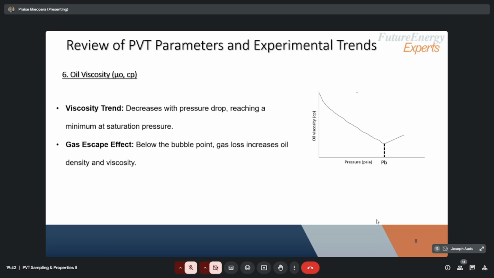A dead oil is an oil that doesn't have gas dissolved in it, which some people will argue about, but that's just a theoretical case for the example I'm giving. So this is how oil viscosity works. Be very careful with it and density. Both of them follow almost the same trend, but always be careful to identify their differences.